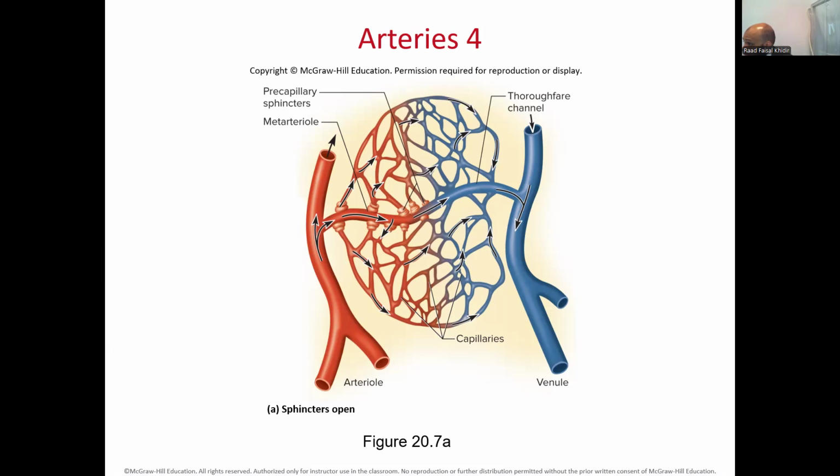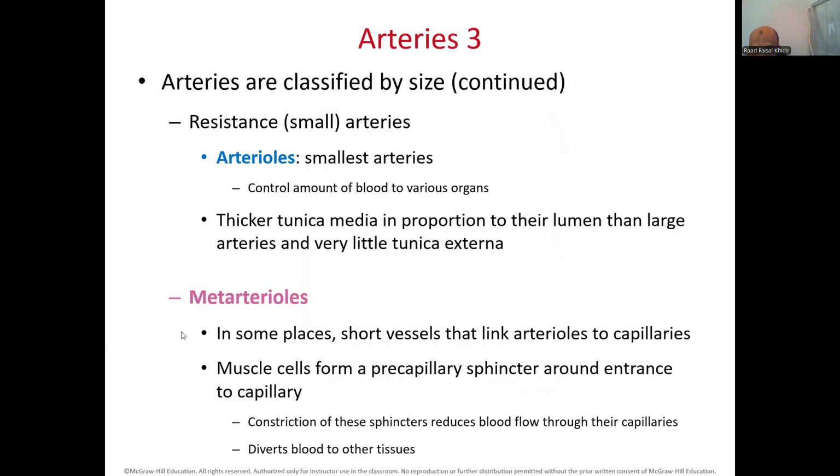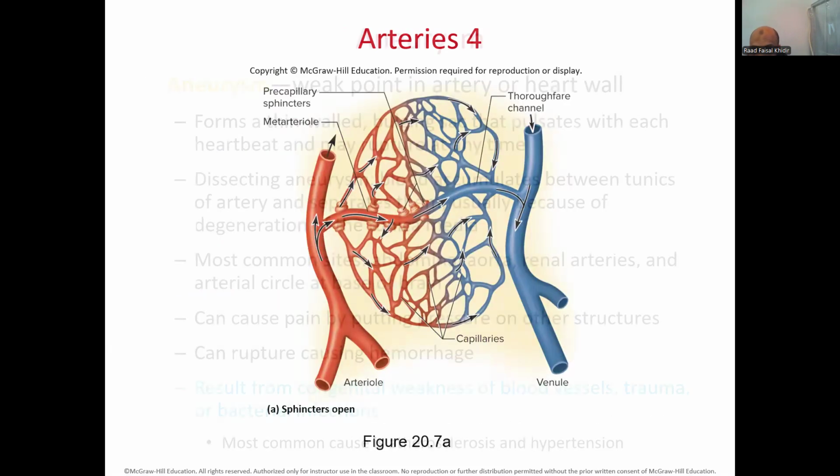And the opposite, if you need more blood to the intestine, relax the sphincter, and blood is going to go to the intestine, and constrict the sphincter in order for blood to go to the proper place. So these are the meta-arterioles. They link the arterioles to the capillaries.